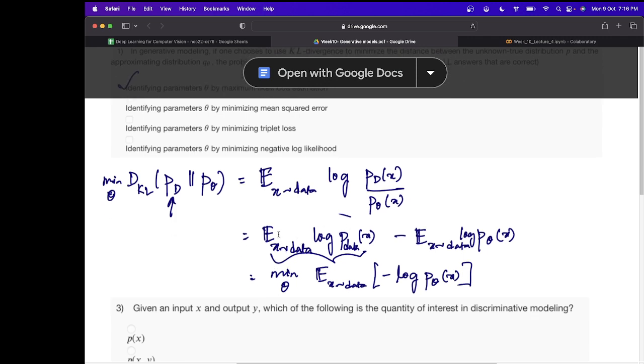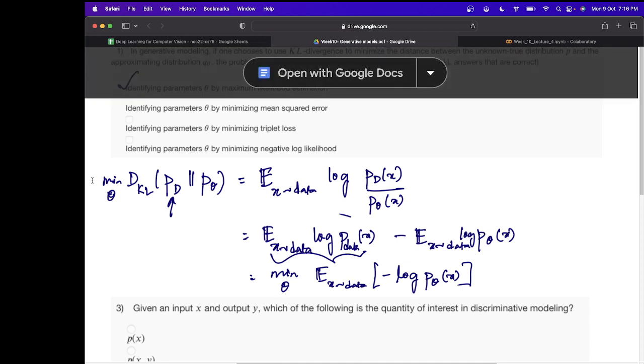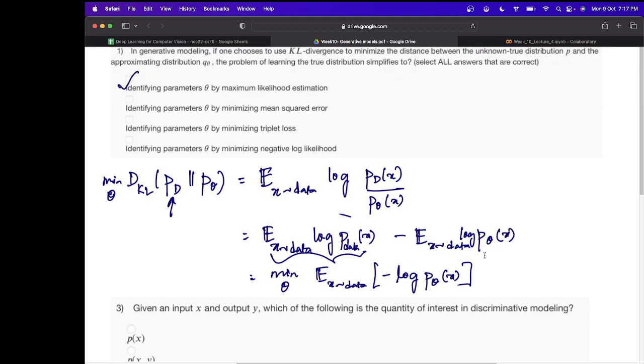The first term becomes the expectation of log of P data x minus the expectation of log of P theta x. Again, we are minimizing with respect to theta, so the first term can be ignored completely. Our objective is to minimize based on theta, so we throw away the first part and only keep the second part.